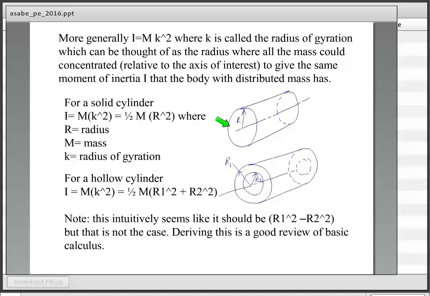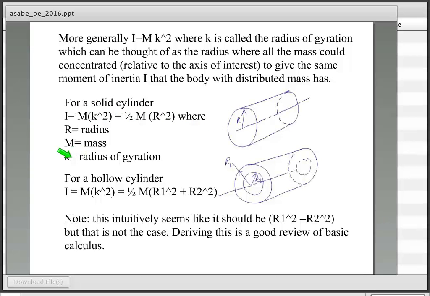For example, here if we had a solid cylinder, then the formula for mass moment of inertia would be mk squared, which would be m times some radius of gyration squared, but that's equal to 1/2 mr squared, where r is the radius of that cylinder.